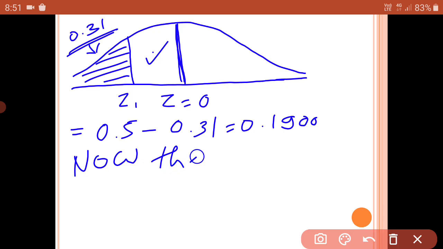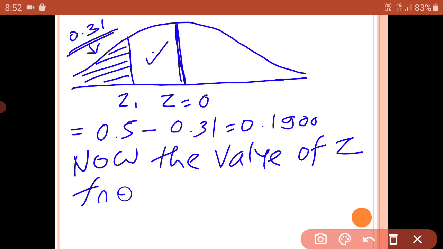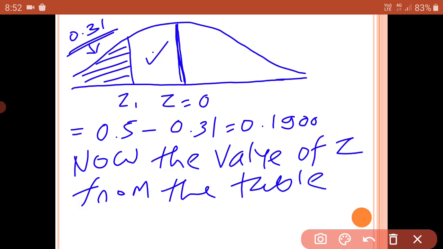Now the value of z corresponding to area 0.19 from the table. Now check the table for 0.1900.